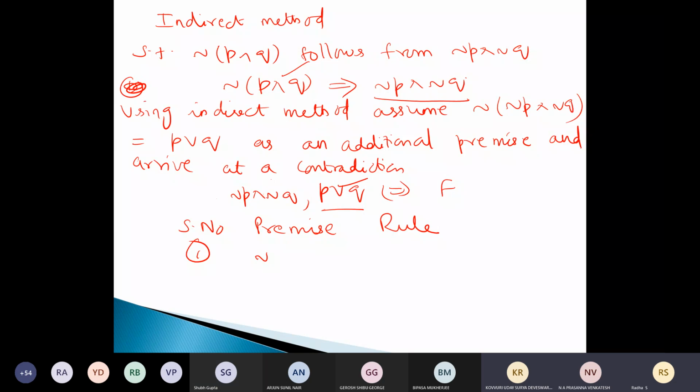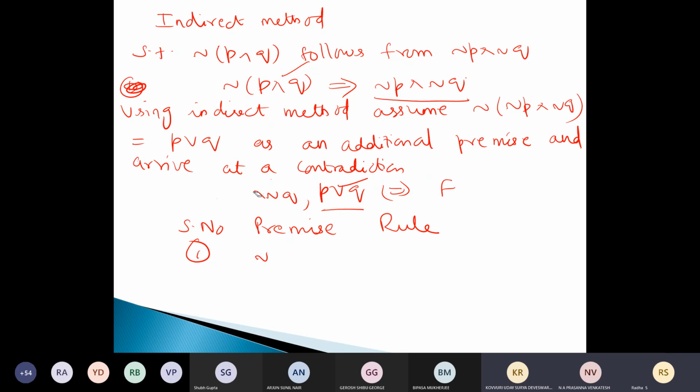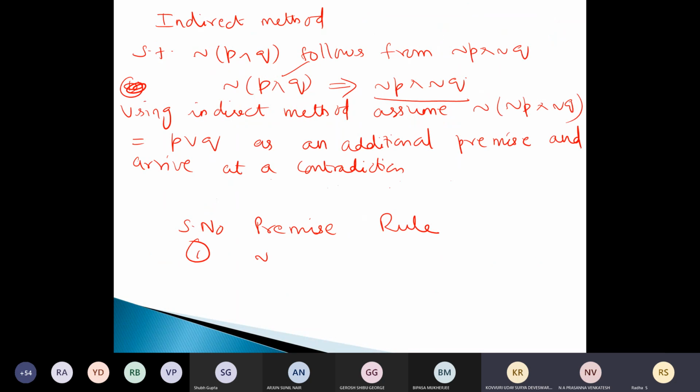No, one minute. Have I written correctly? What should I prove? Not of P and Q follows from not P and not Q. Here itself it is wrong.